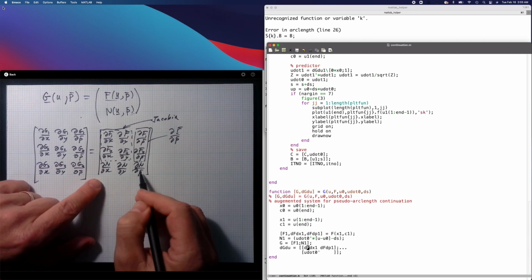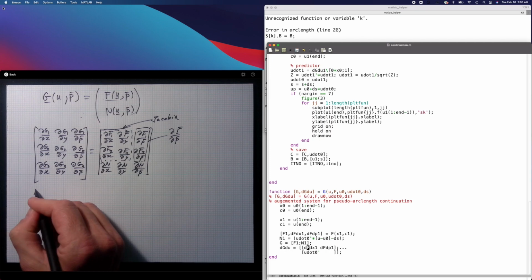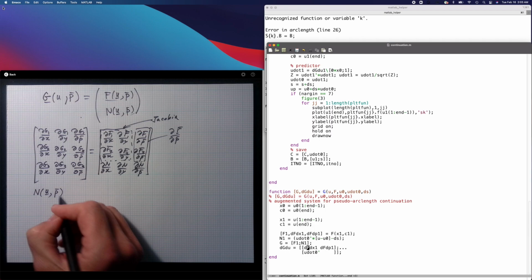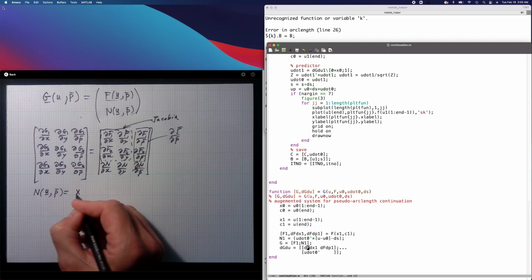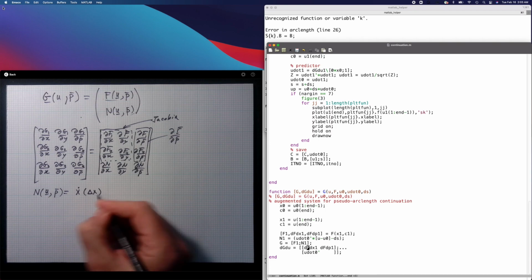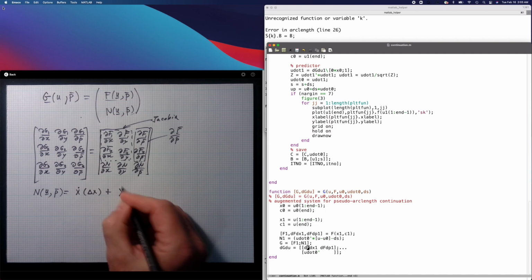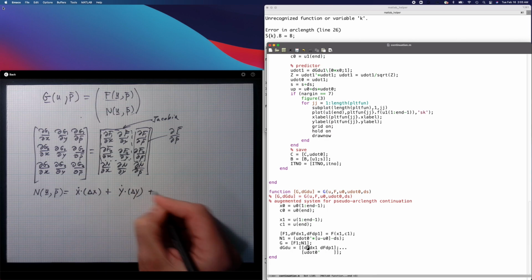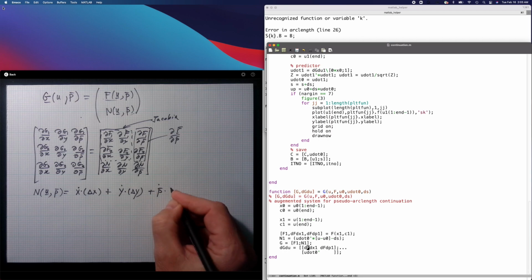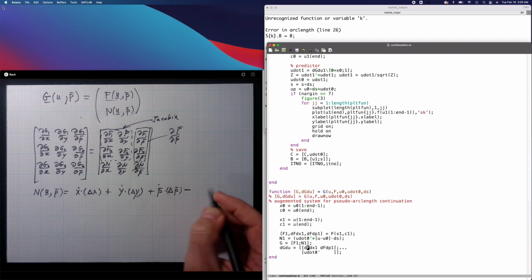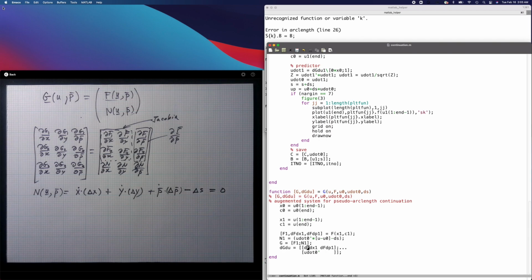And down here, given that N of u and p is equal to x dot delta x plus y dot delta y, plus p bar dot times delta p bar, minus delta s equals 0.